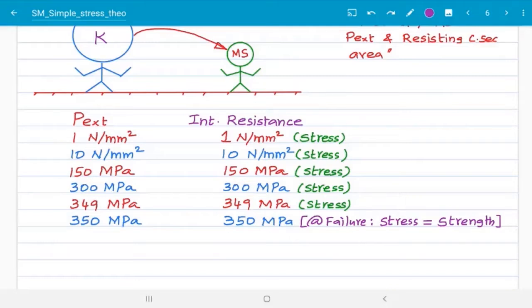Okay, right. Now, when will the failure occur? Tell me, when will the failure occur in the experiment? Experiment is going on. It means we are increasing the load per unit area. When will the failure occur?